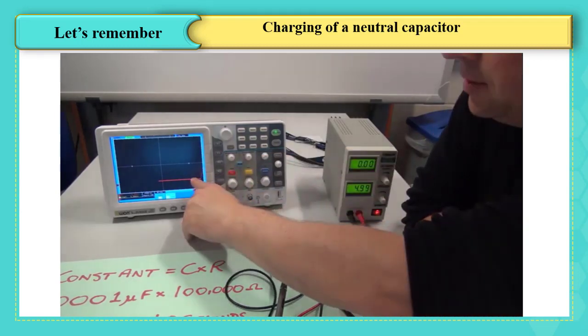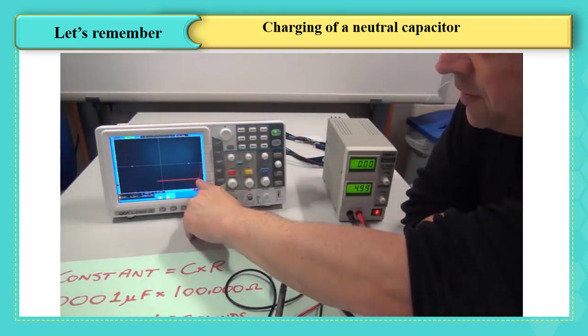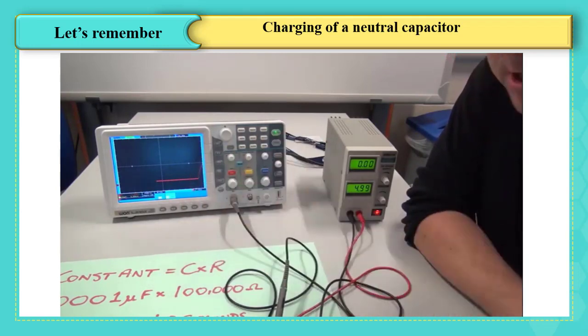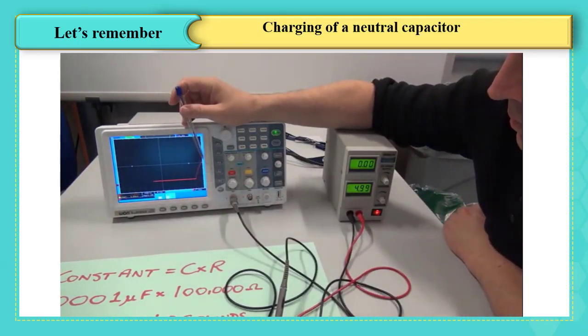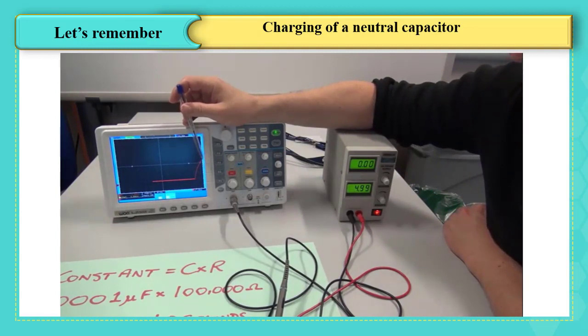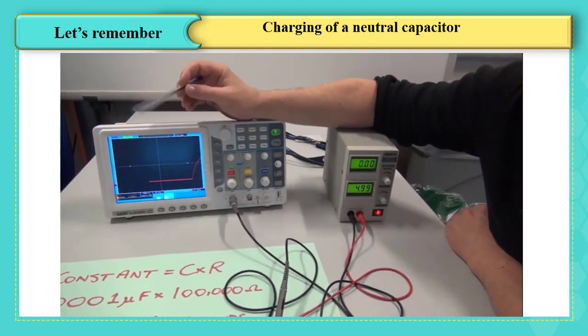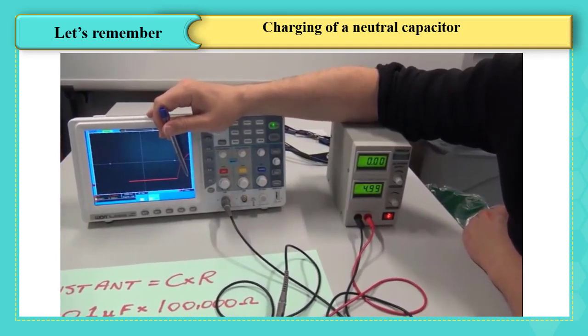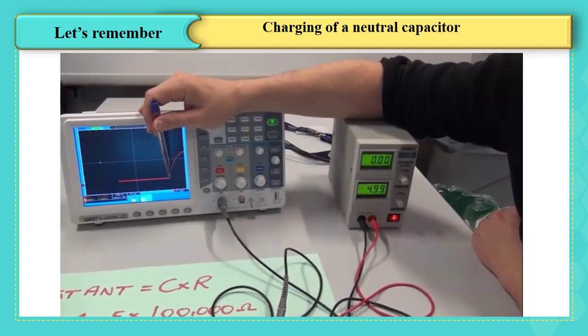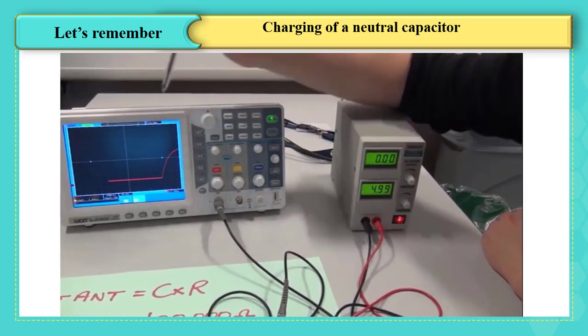And we can see the waveform beginning to appear here as the voltage across the capacitor charges. Because it takes 5 time constants to fully charge, it should be fully charged when we have completed 5 divisions on the oscilloscope.